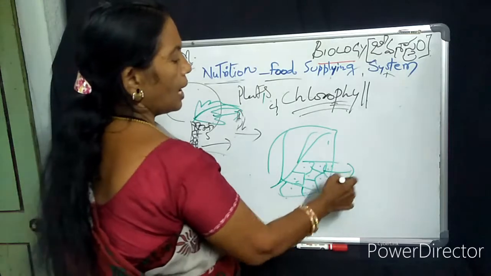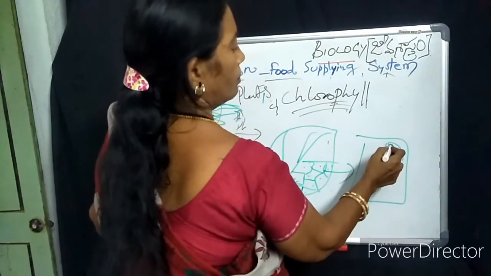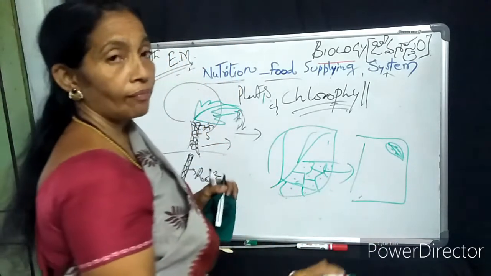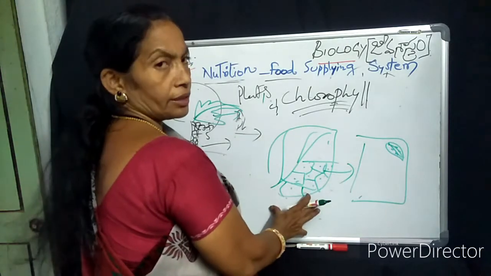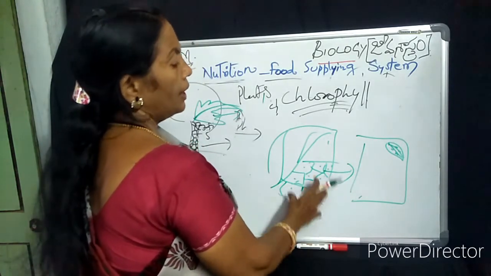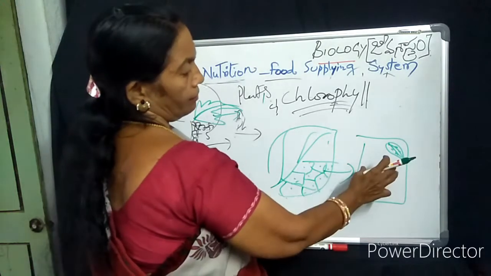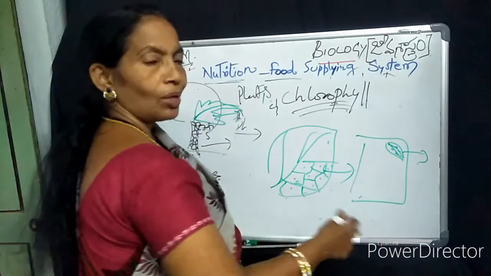So each cell has chloroplasts, maybe one, in the leaves itself. The point I am stressing is that in green leaves, each cell has chloroplasts, one or two or more.